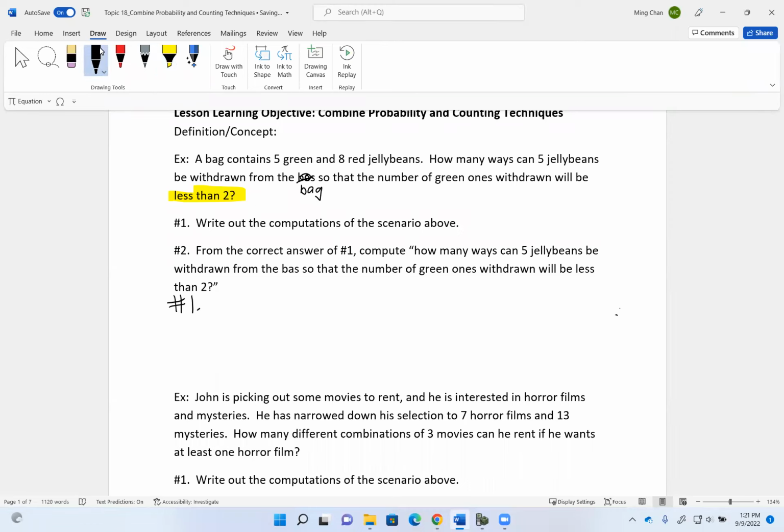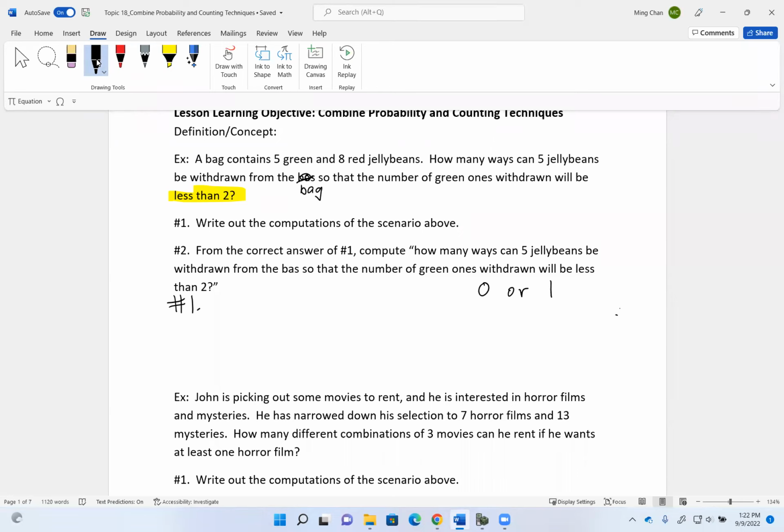I can draw 0 green ones, or I can draw 1 green one. It's gotta be less than 2, so it's 0 or 1 green ones. The or basically implies here we will add the number of ways.